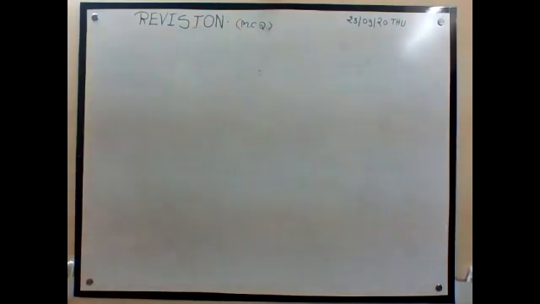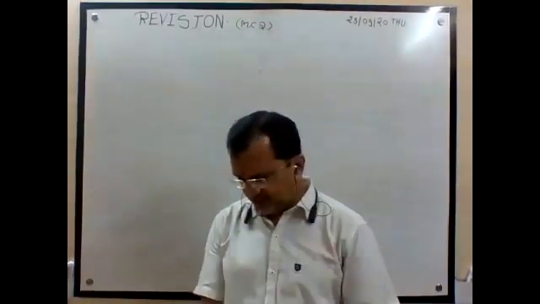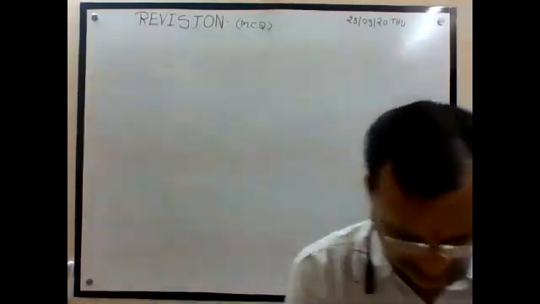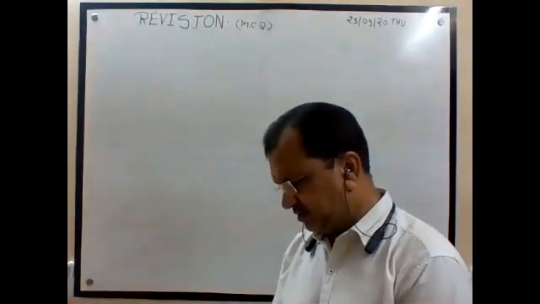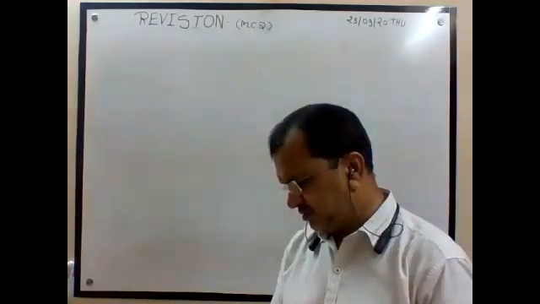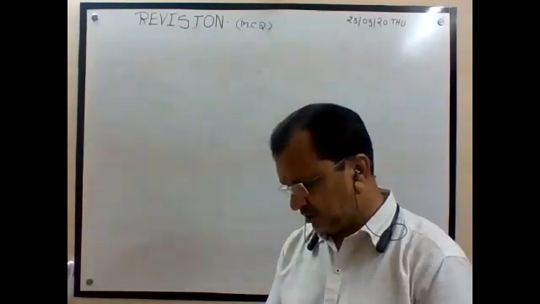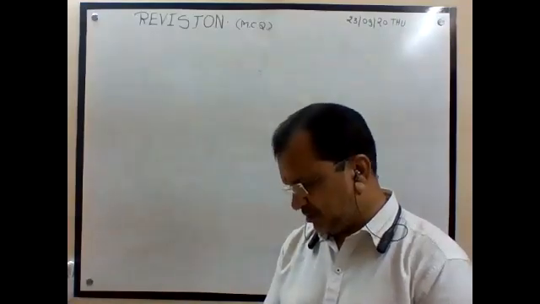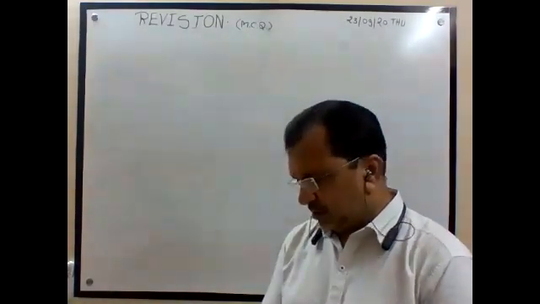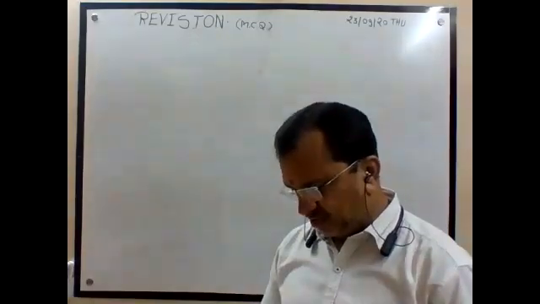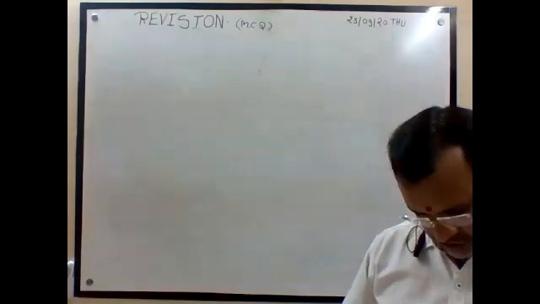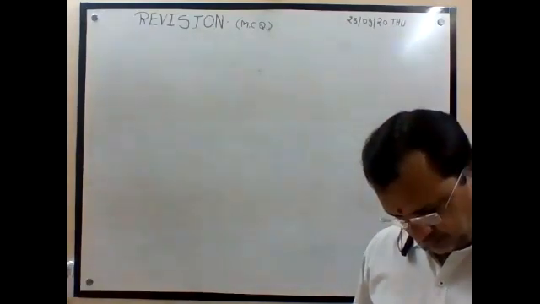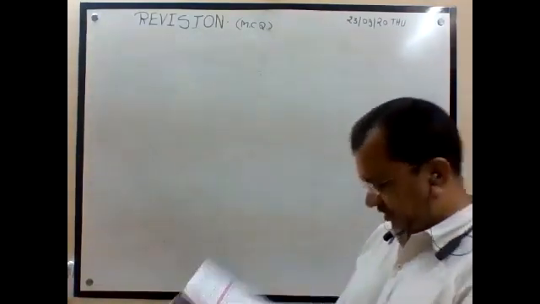Geometry or algebra? Algebra. 1.5, page number. Page number. Yes, I got 1.5 6 sum. Yes. Correct.